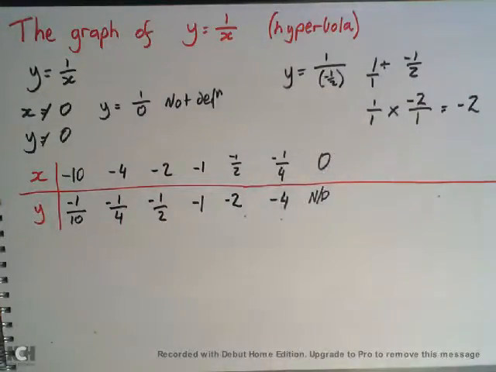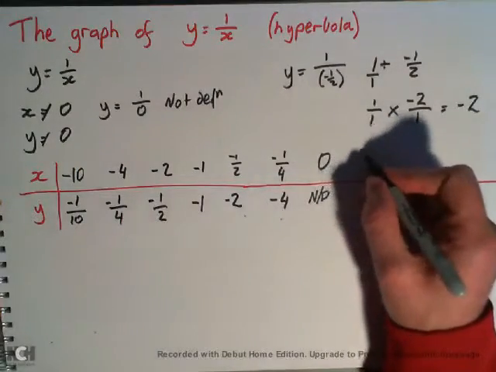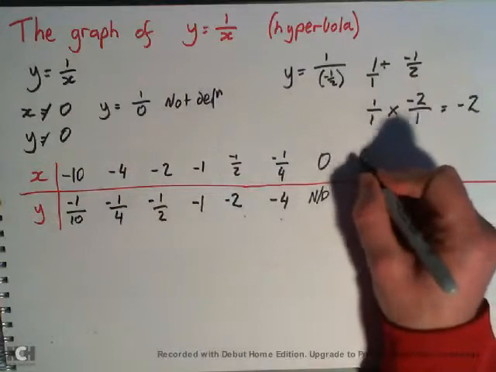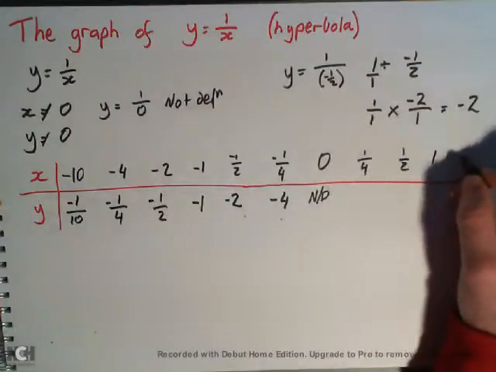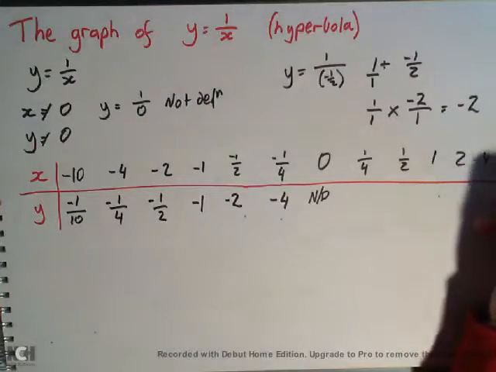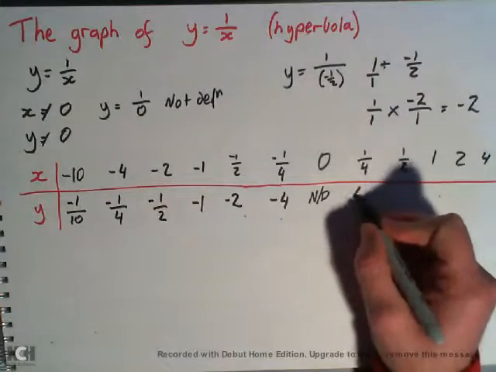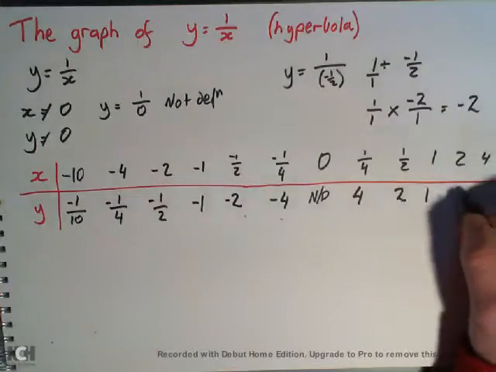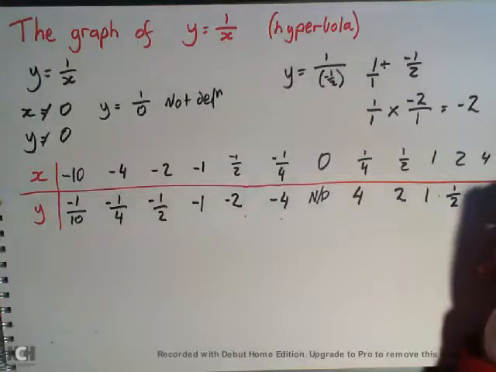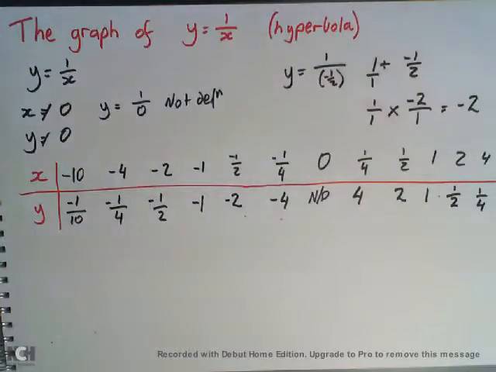So that's the negative numbers, and very similar for the positive numbers. So if we have positive a quarter, a half, 1, 2, 4, and 10, at 1 quarter we'll have positive 4, positive 2, positive 1, positive a half, positive a quarter, and positive a tenth. So what do we notice?